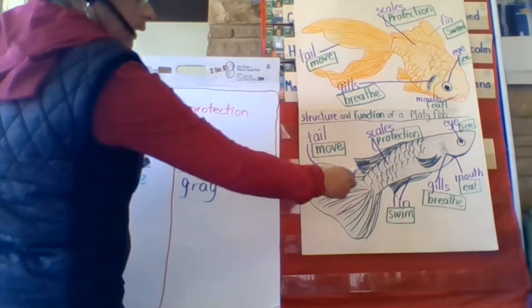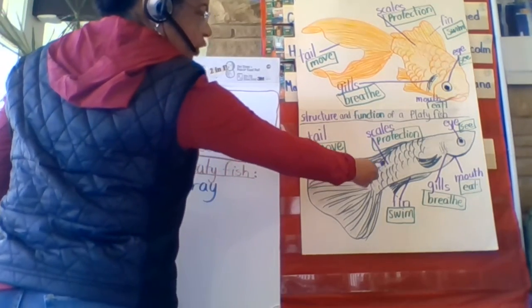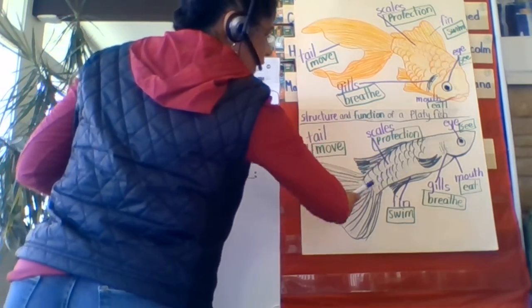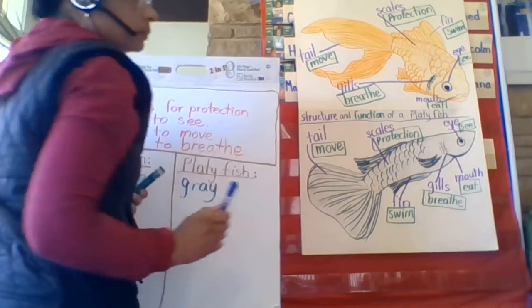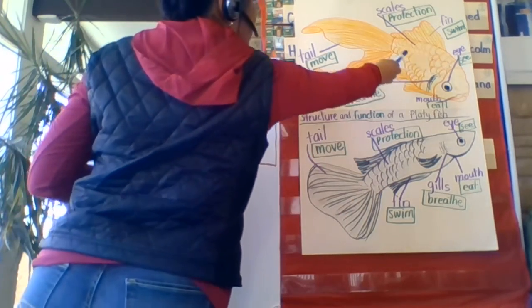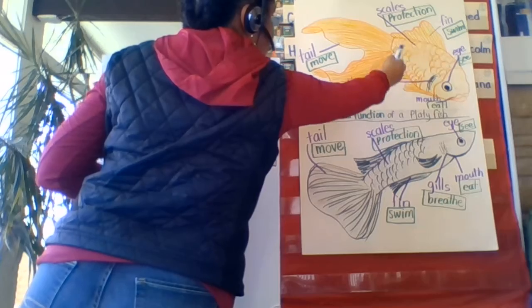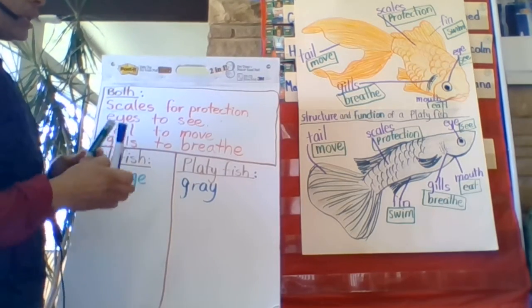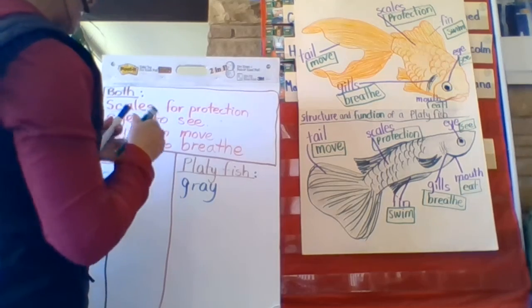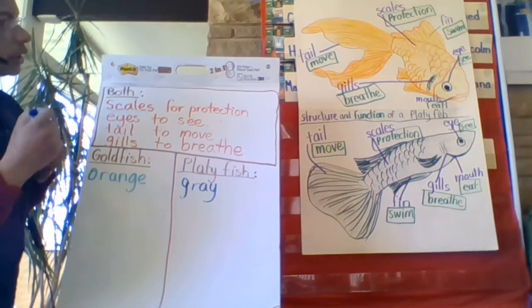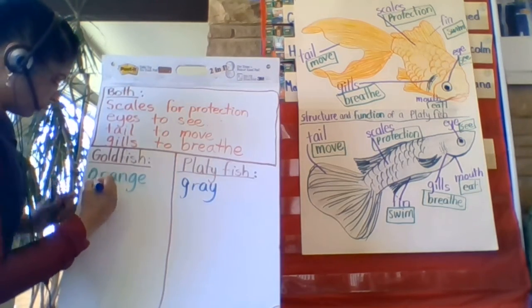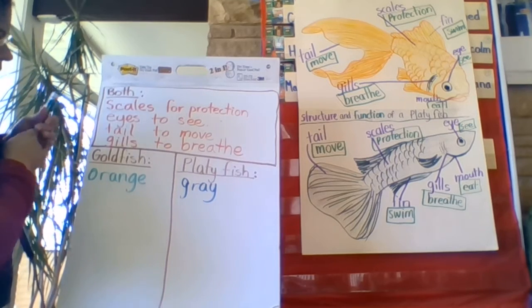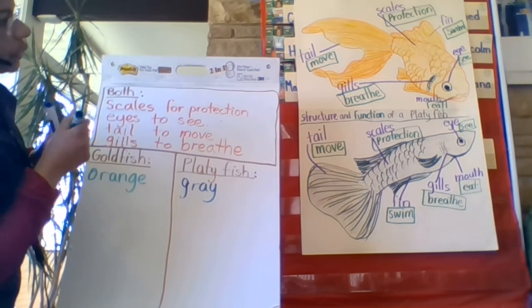Notice that the platyfish is kind of skinny and long. The goldfish seems a little bit rounder, a little bit puffier, right? So I'm going to say that the goldfish is rounder. It's a little bit more round.